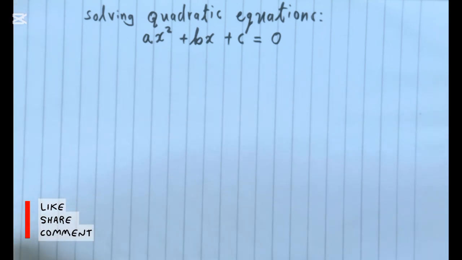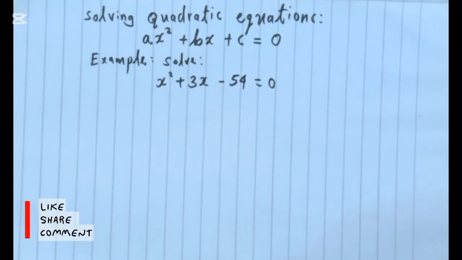Why don't we handle an example to make this easier for you? Okay, so let's go ahead and solve our first equation. All right, so we're supposed to solve for the values of x. Whatever answer we're going to get here are going to be the values of x, and usually we call them roots.